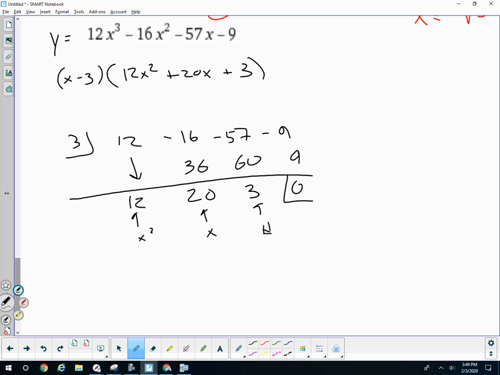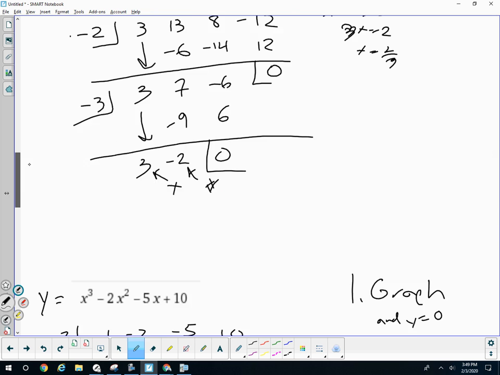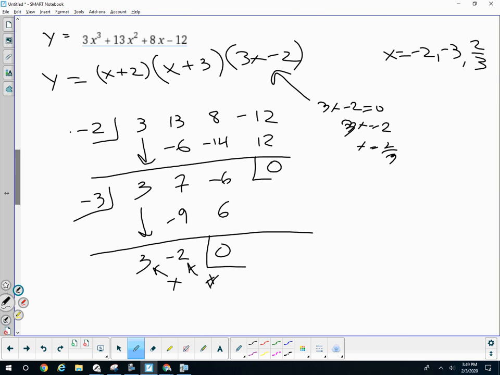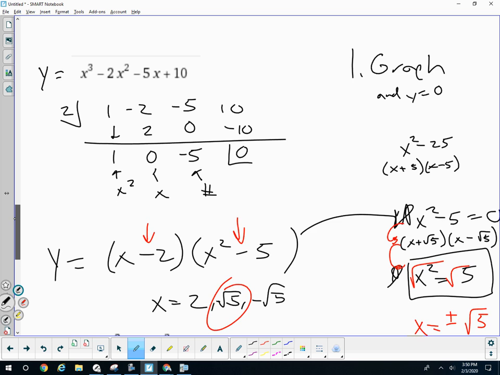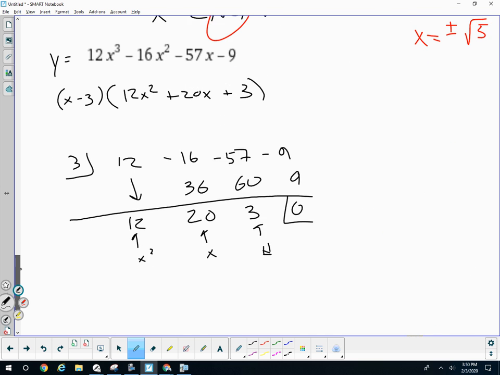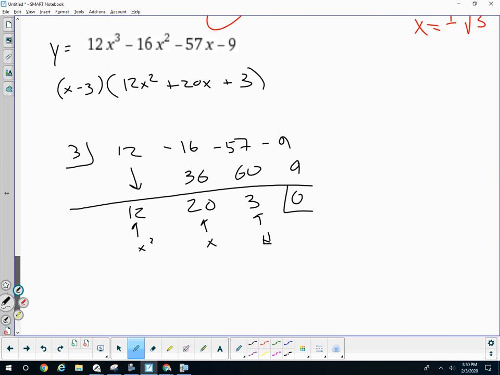In the first example, which you'll do on your quiz, you saw 2 solutions, which were whole numbers. Pull out the first one, then divide what's left over by the second one. Boom, you got x plus 2, x plus 3, 3x minus 2. That's easy. Second one, we ended up with an x squared minus 5. I got the plus or minus root 5s from that. I'm not done here. What do I do here?